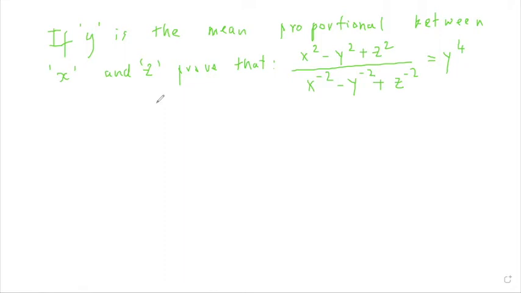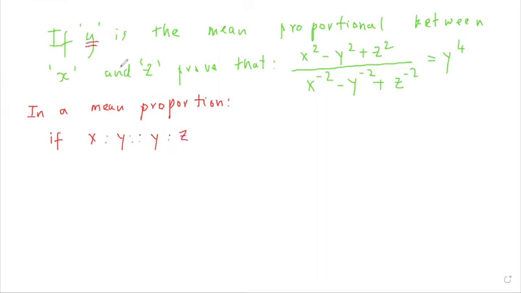So we know one thing, that in a mean proportion, let's say x is to y as y is to z, right?